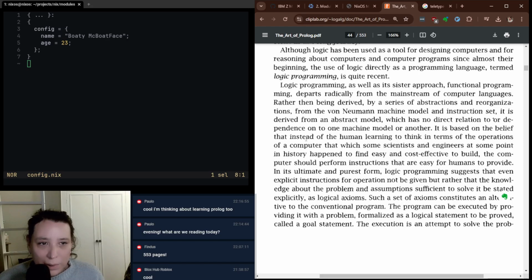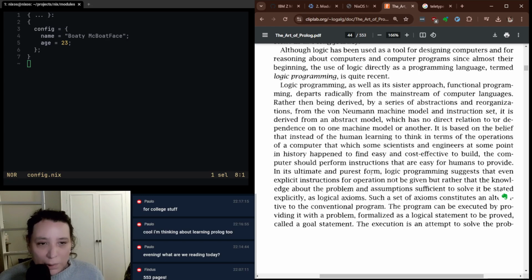It is based on the belief that instead of the human learning to think in terms of operations of a computer, that which some scientists and engineers at some point in history happened to find easy and cost effective to build, the computer should perform instructions that are easy for the humans to provide.